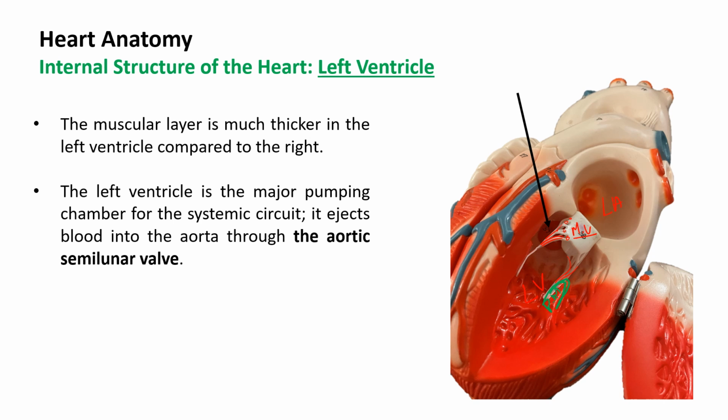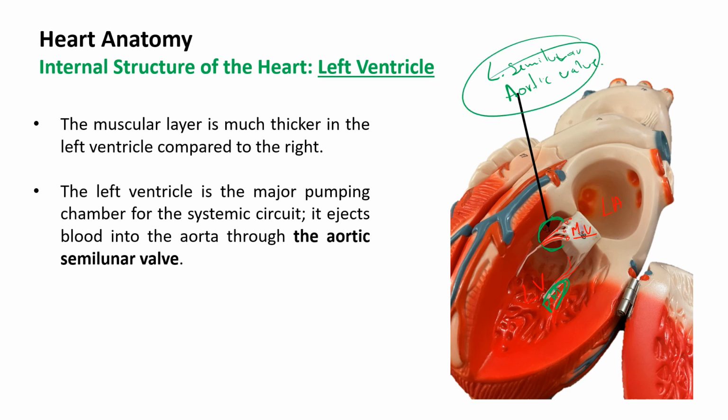Now, what else? Which other valve do we have? Look at there, barely, I don't know if you can see it, the arrow is pointing to the semilunar valve. In this case, the left semilunar valve, or what is the other name? Aortic valve. All right.